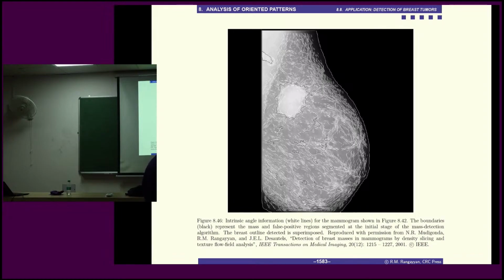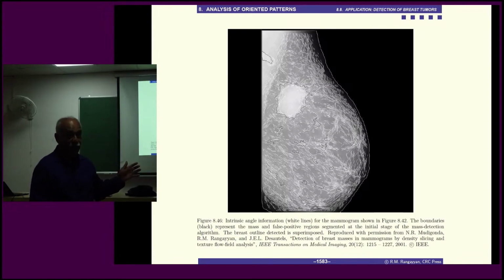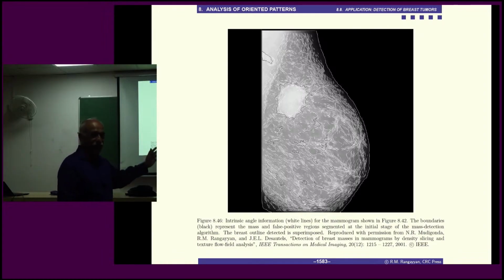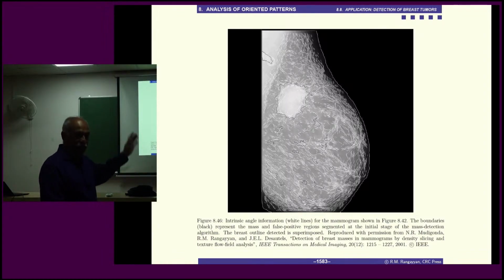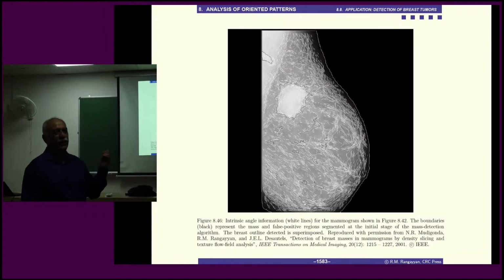The other is some other dense region in a, you can say, different part of the body, but it is just a muscle near the breast. It could be a secondary tumor if you want to call it so. But I was told by Dr. Desatel that it could be a lymph node that's been affected and is showing up with higher density in the pectoral muscle.